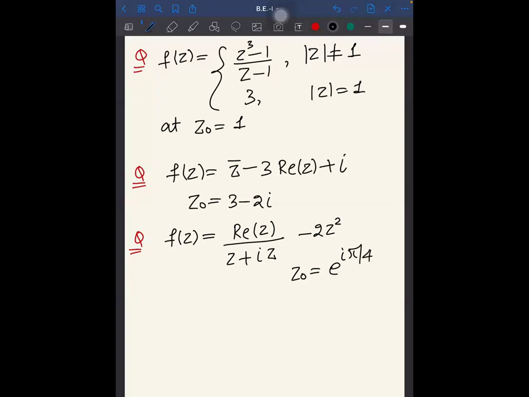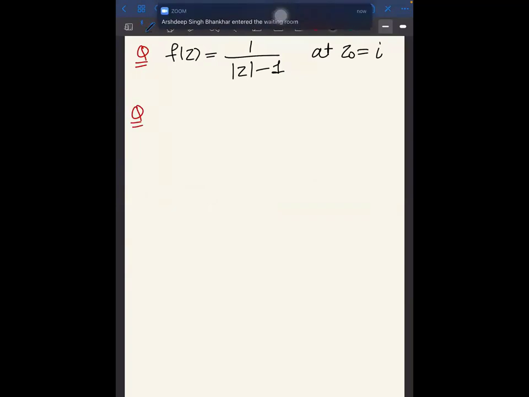So these all are problems I'm giving. We will be discussing these problems in our respective tutorial sessions. Now you have to prove that these are the points of discontinuity which I'm giving you, right? f(z) is equal to 1 upon mod z minus 1 at z naught is equal to iota. So these are the problems on the basis of discontinuity.